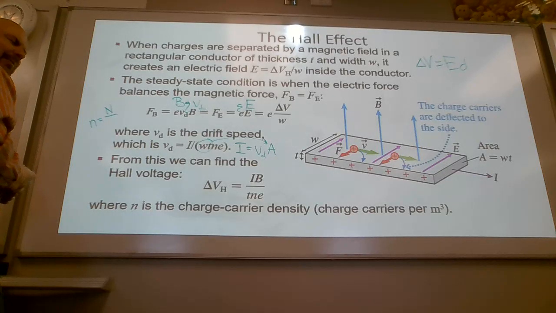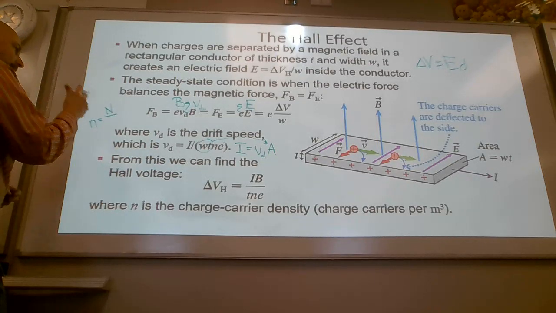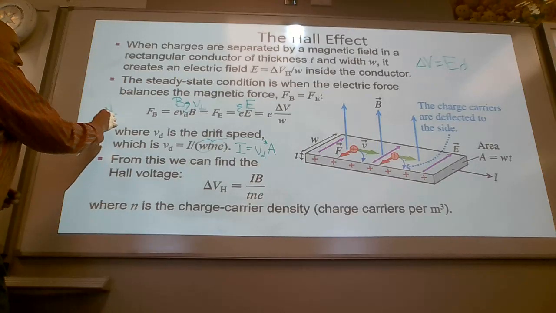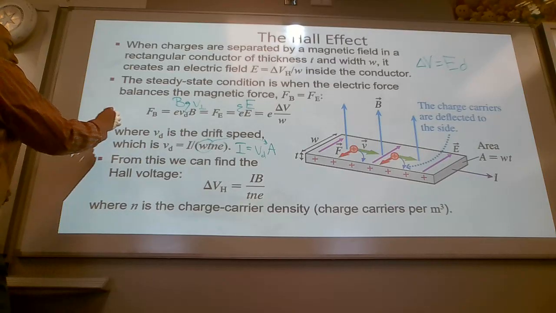It's per length, I think. Per volume, I could be convinced with the volume. And then times the charge.